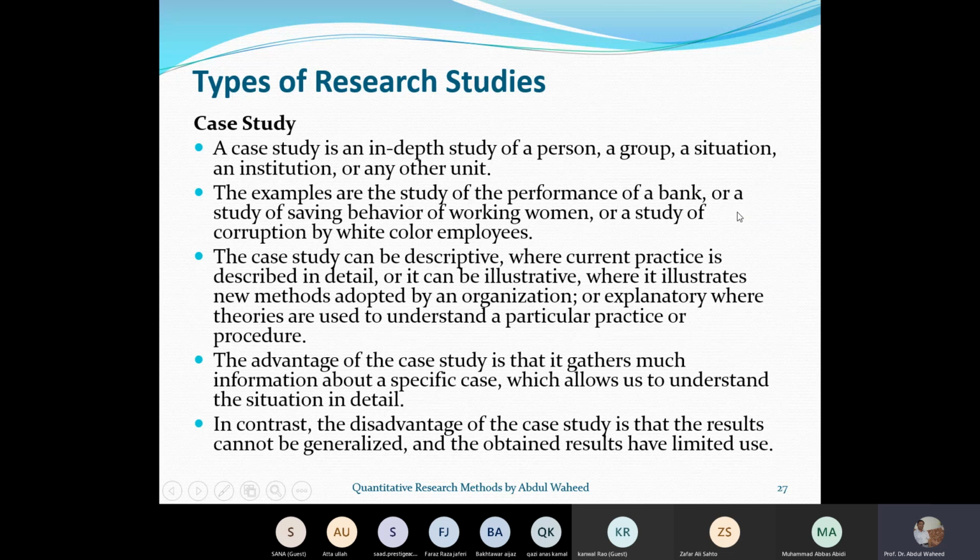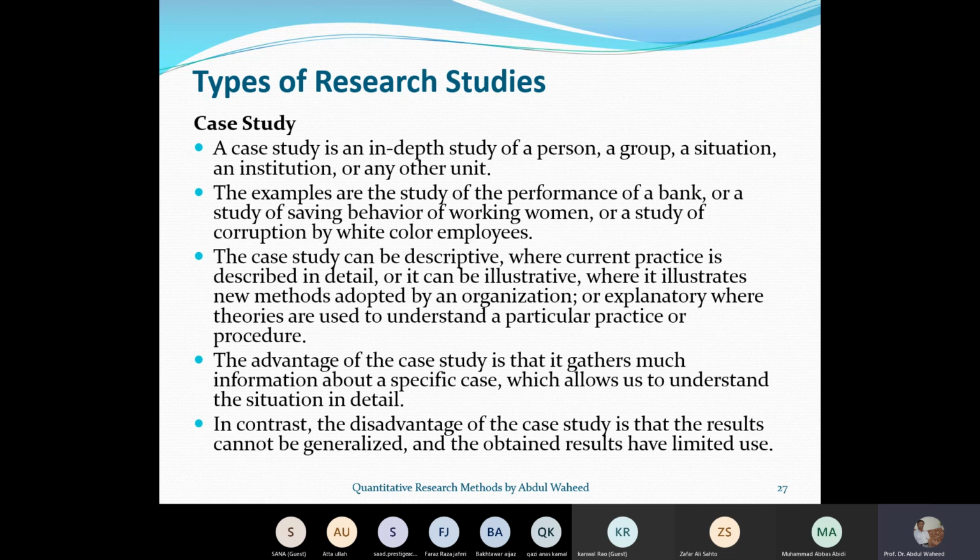You can also make a case study on saving behavior of working women. There could be a case study of corruption by white collar employees. Okay, there could be a case study.